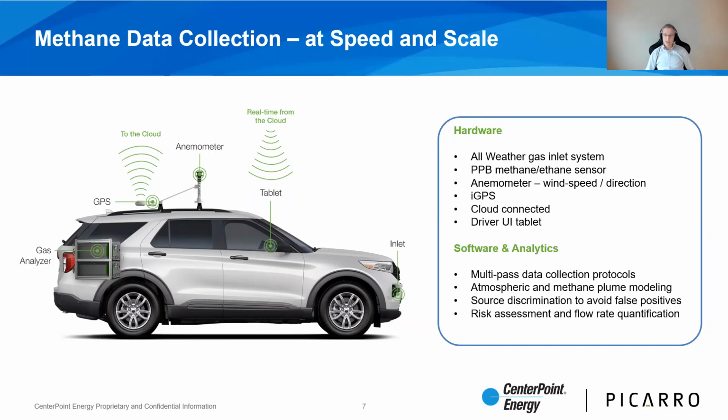So that allows us to avoid false positives and false signals coming, for instance, from sewer gas, biogenic sources, or vehicle exhaust. And then finally, we have developed over the past 10 years very powerful algorithms that can both make an assessment in terms of the risk of a potential leak that's been detected, as well as a quantification of the flow rate.